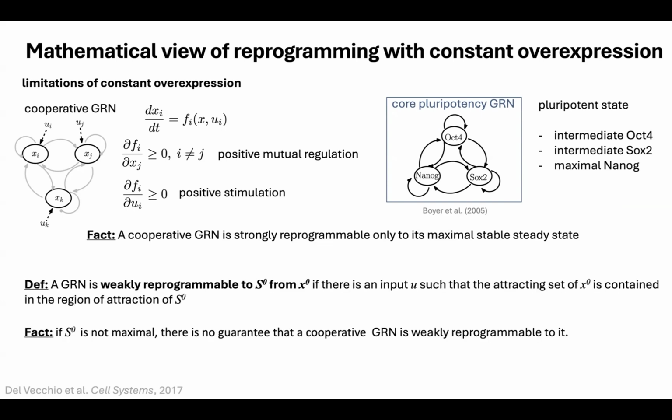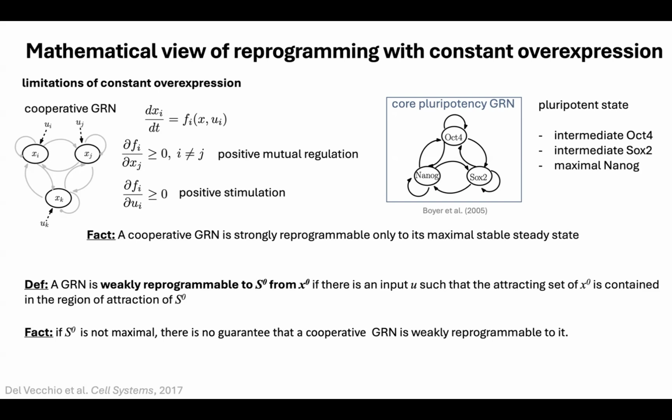So then you can start looking at weakening the property of reprogrammability. You can ask to weakly reprogram to the state S0 from an initial condition X0 if there is an input such that the attracting set of X0 is contained in the region of attraction of S0. But if S0 is not maximal, there is no guarantee that a cooperative GRN is weakly reprogrammable to it.